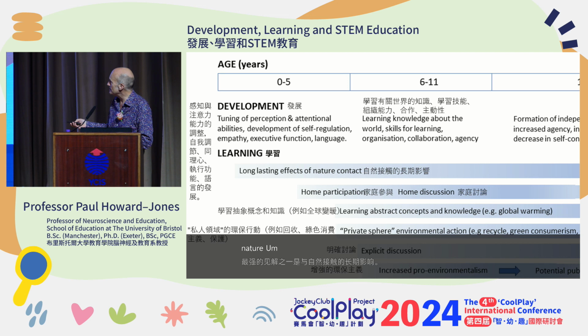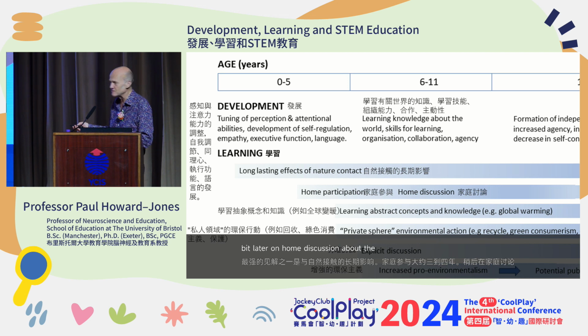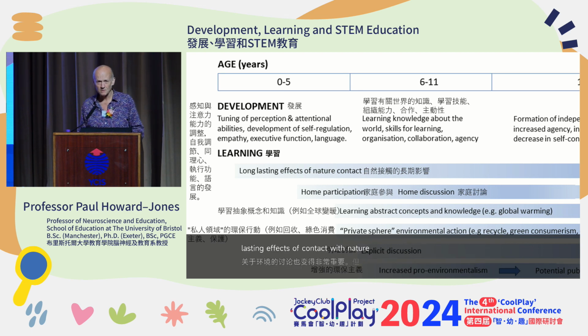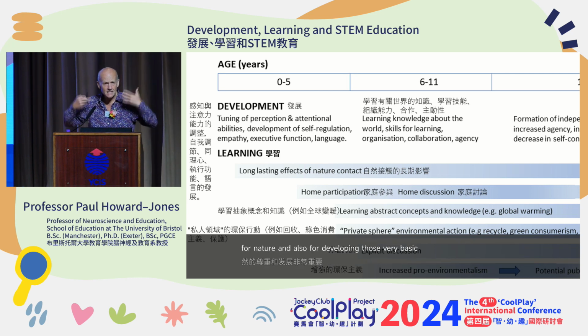Home participation, at about 3 or 4 years old, and a bit later on, home discussion about the environment also becomes very important. But these long-lasting effects of contact with nature seem really important for gaining a respect for nature and also for developing those very basic executive functions which are important for other types of learning as well.